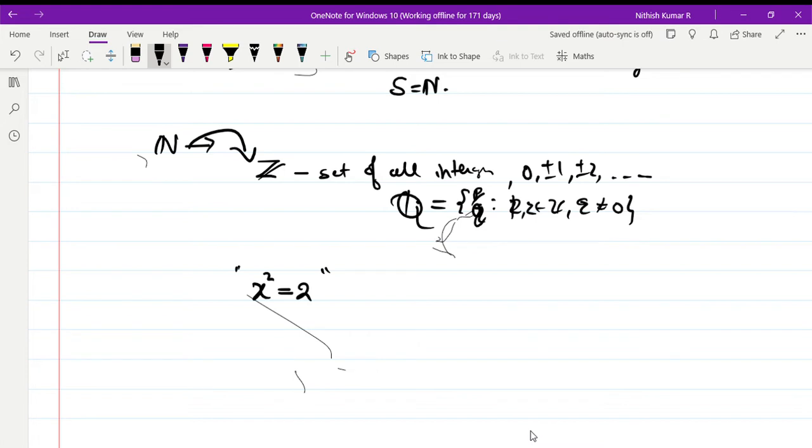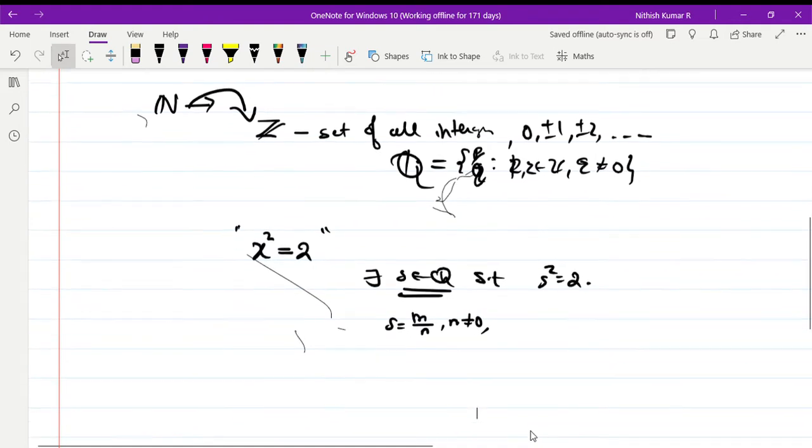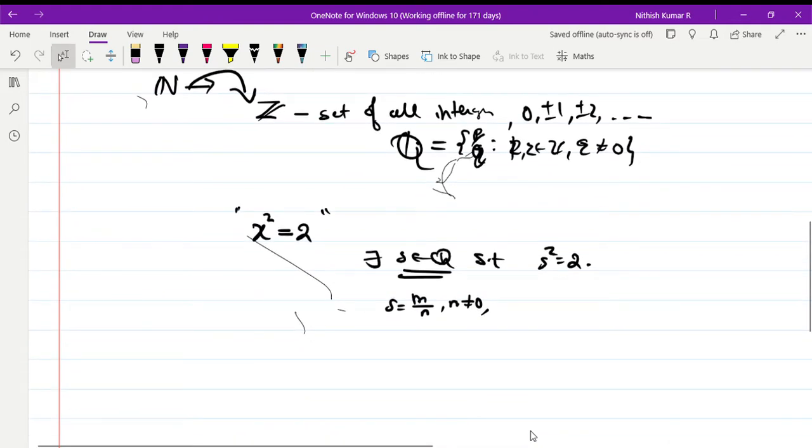Now suppose there exists some s belongs to Q such that s square equal to 2. Since s belongs to Q, s will be of the form m by n, where n not equal to 0, where m and n are integers. Since m and n are integers, we shall assume that m and n have no common factor.